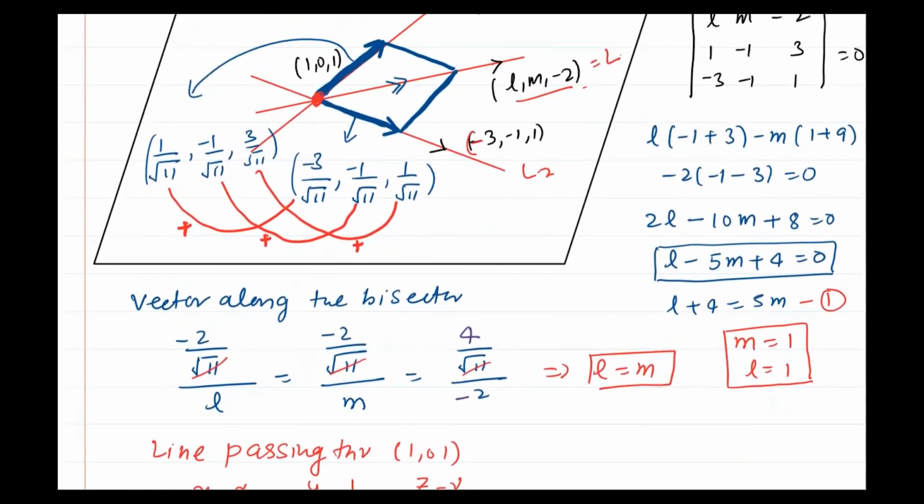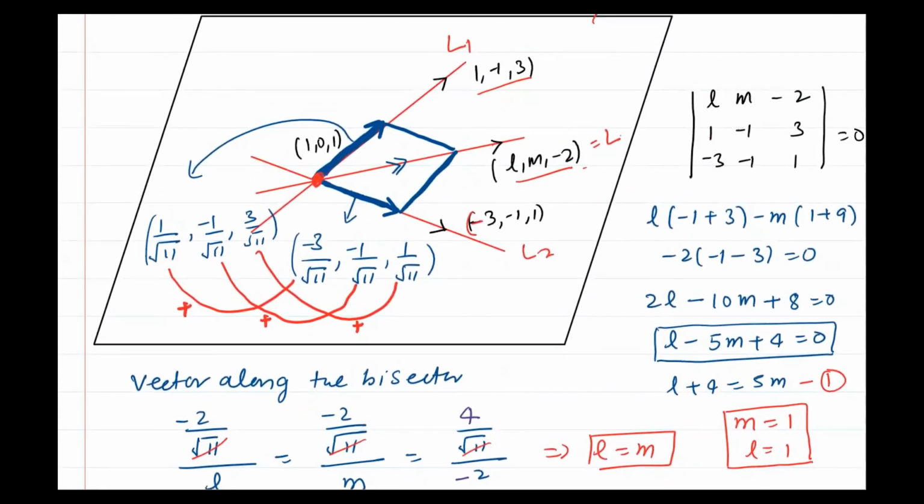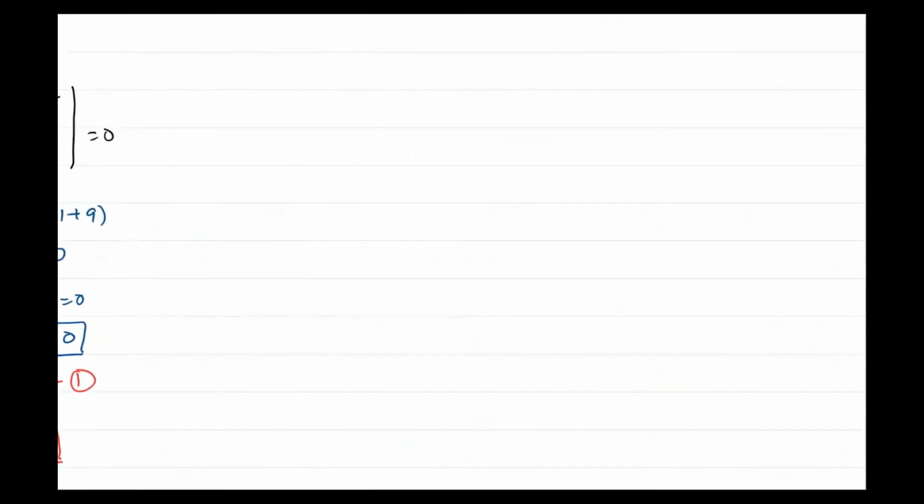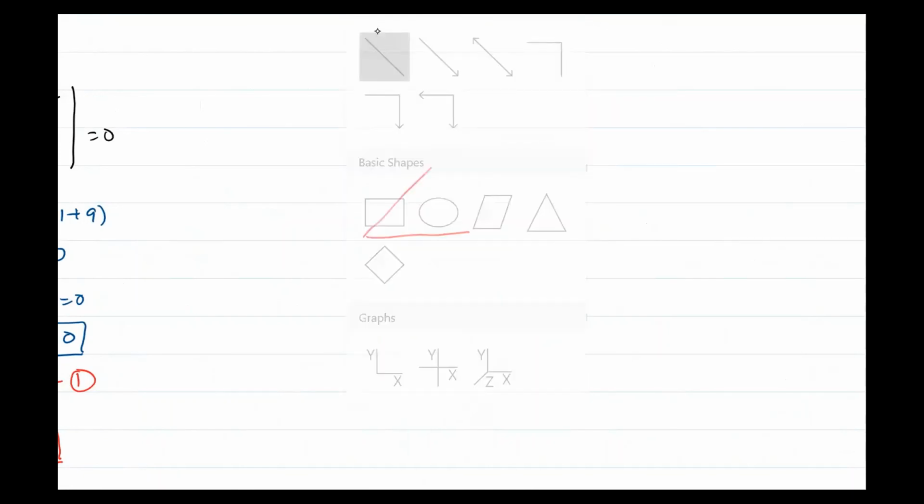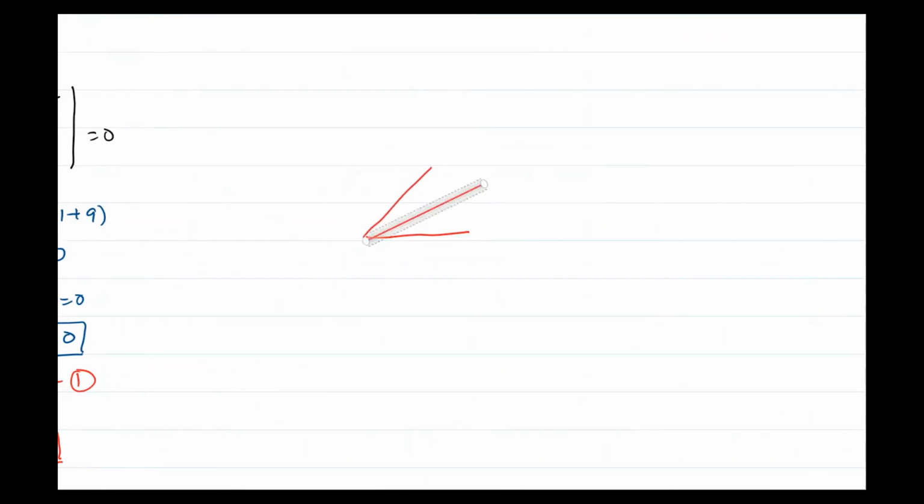The second condition is we have to check the vector along the bisector. Actually the concept is, if you have these two vectors, you have to find the bisecting vector. So this is the vector that bisects these two vectors.